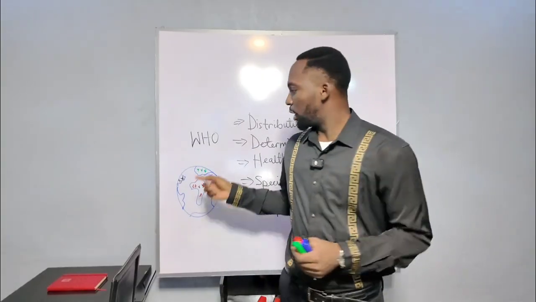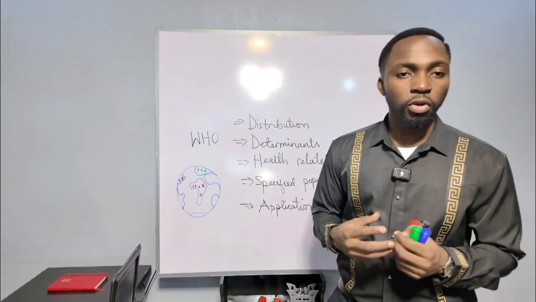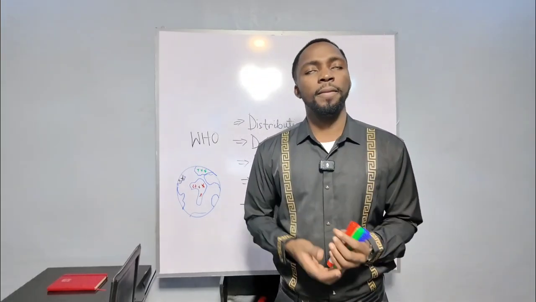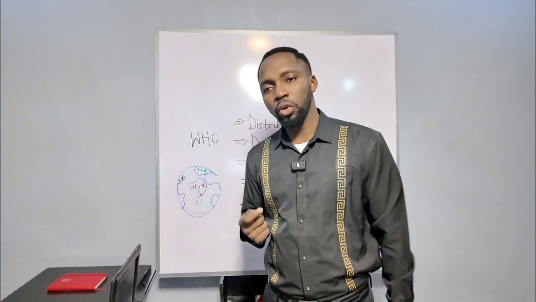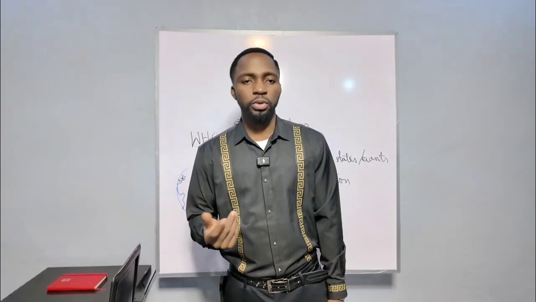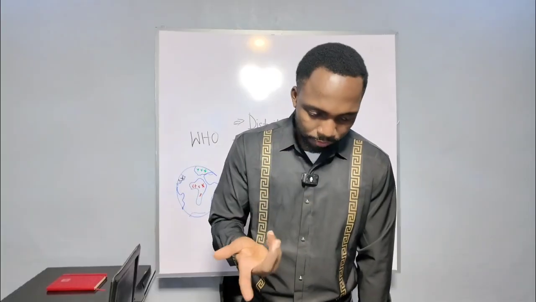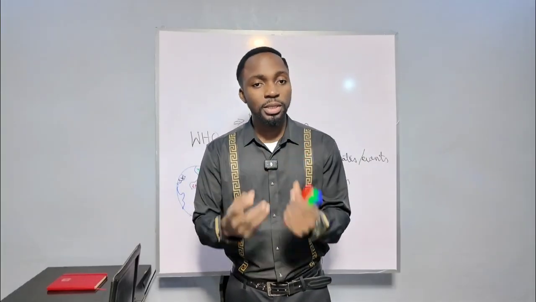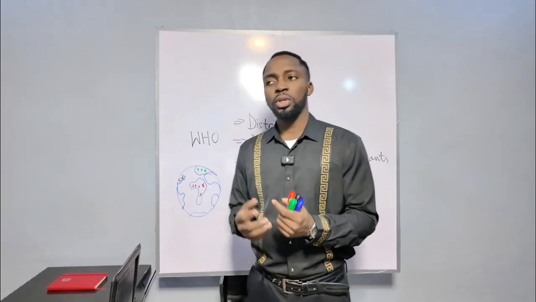Now, determinants, on the other hand, the second word in the definition of WHO, refers to the why, and the why talks about the causes, the risk factors, and even the protective factors for that particular health-related state. Now, by health-related state or events, we're not just talking about disease.